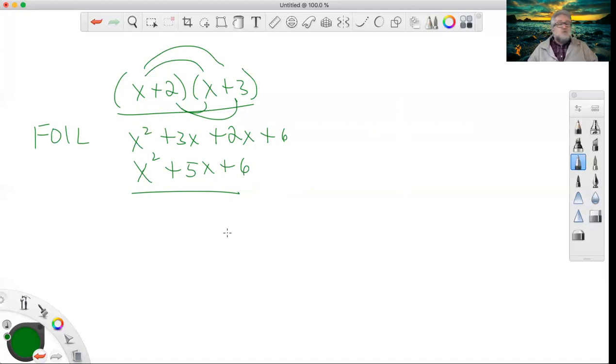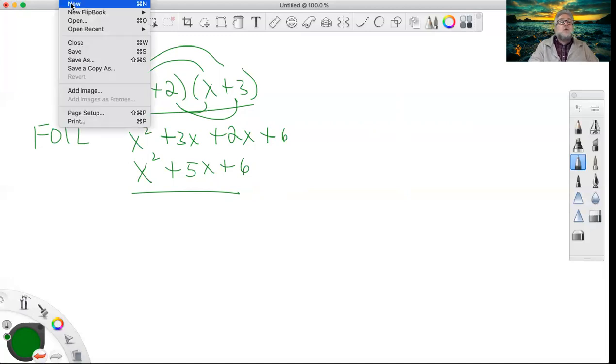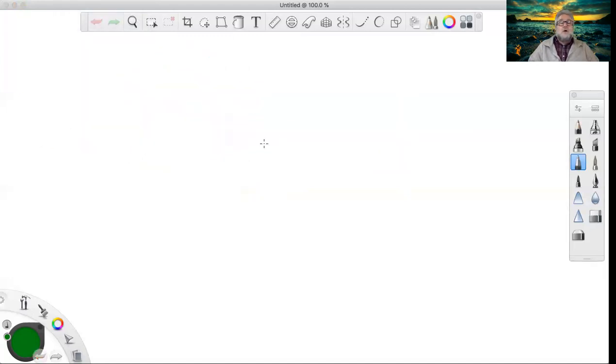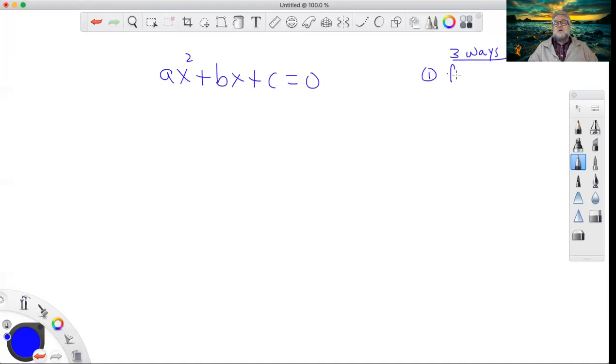Now, solving a quadratic equation. A quadratic equation is ax squared plus bx plus c equals 0. And there's 3 ways that we can solve this. Not all of them work. Usually they do. Number 1 is factoring. And that's what we just did.